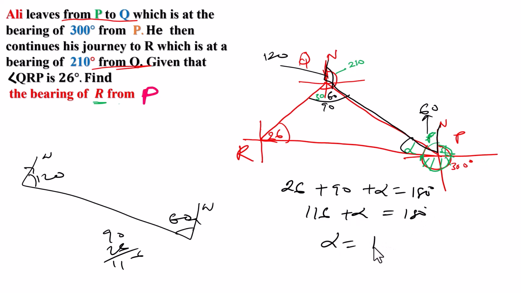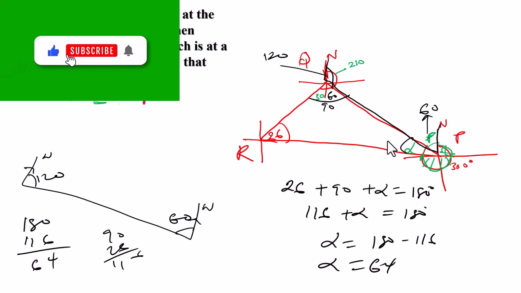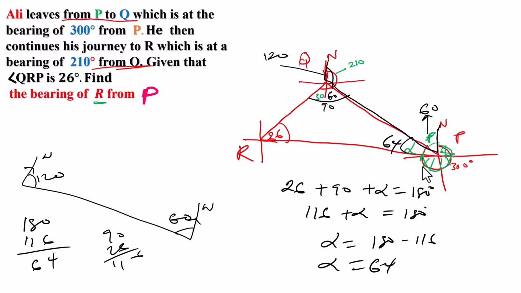So alpha is 180 minus 116, which is 64. So this side is 64. Remember, that is alpha plus beta. When we subtract from 360, it will be the bearing of R from P.